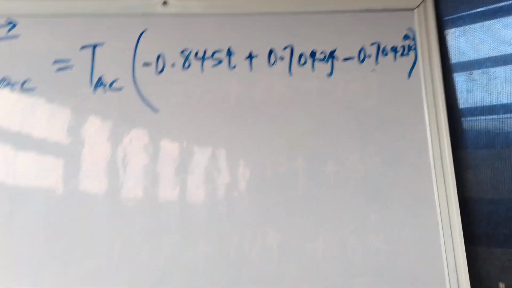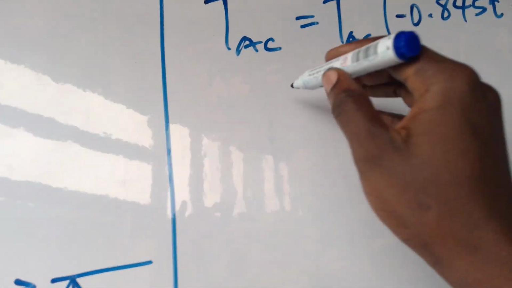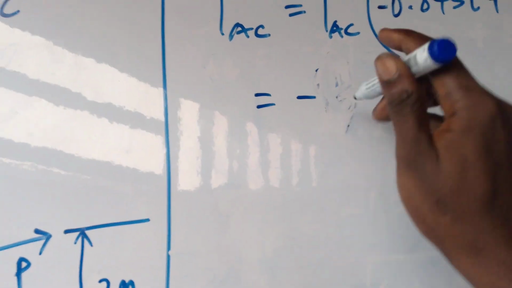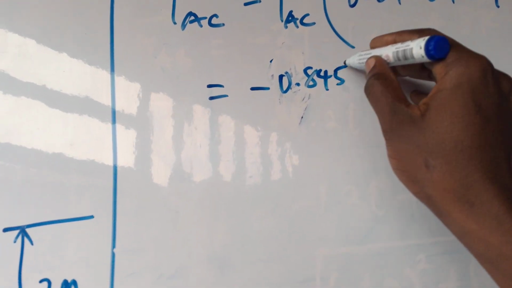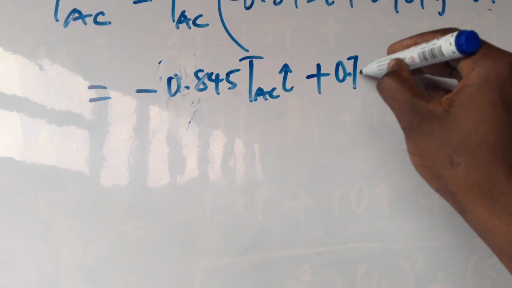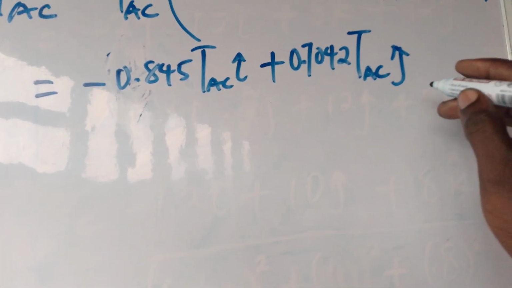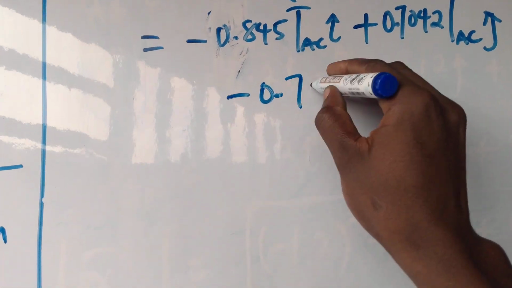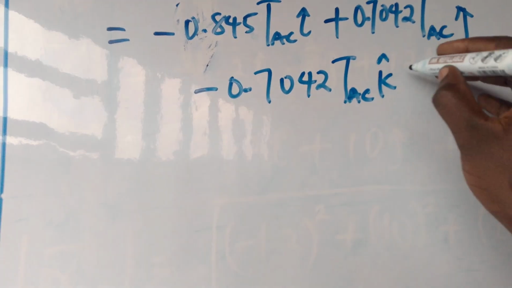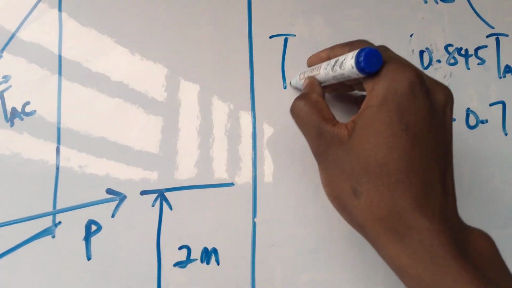Putting it in and multiplying, this gives minus 0.0845 TAC i, plus 0.7042 TAC g, minus 0.7042 TAC k, which we can call equation 3 as the tension force TAC.